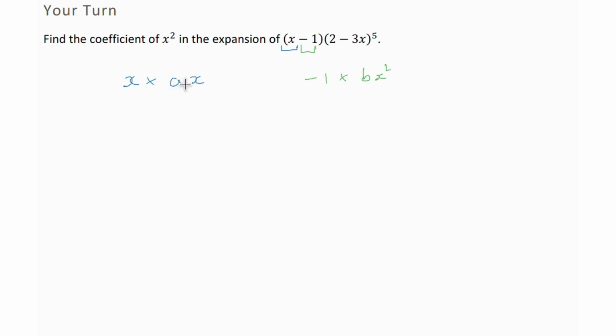I need to work out the coefficient of x. So let's do that first. I have 5 choose something. I'm going to have 2 to the power of something. And I have minus 3x to the power of something.